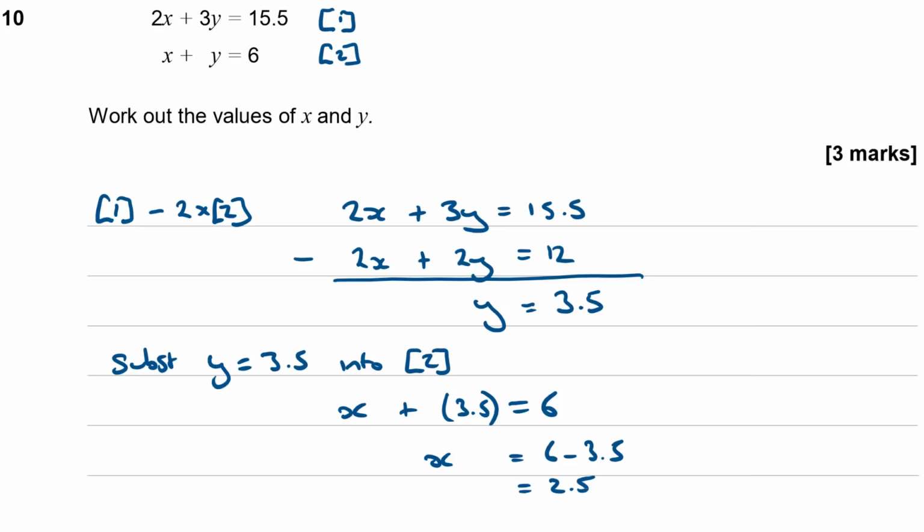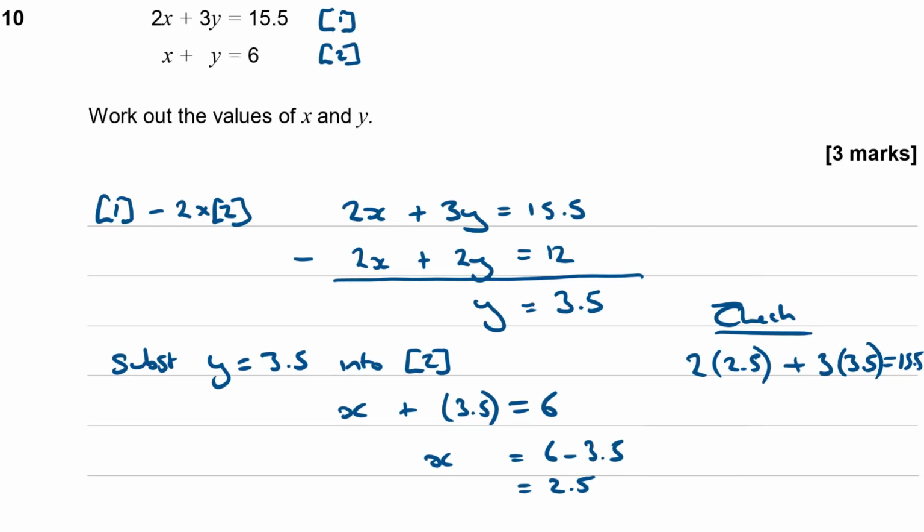Okay, now I am done, but it's always a good idea to check. So checking both of our answers by substituting into the other equation that we didn't use to find x. Just quickly, so this is a check. 2 lots of x, 2 lots of 2.5 plus 3 lots of y, 3 lots of 3.5. Is that equal to 15.5?